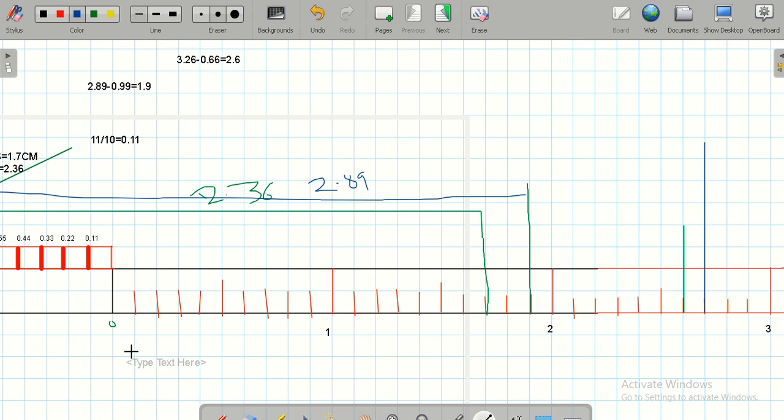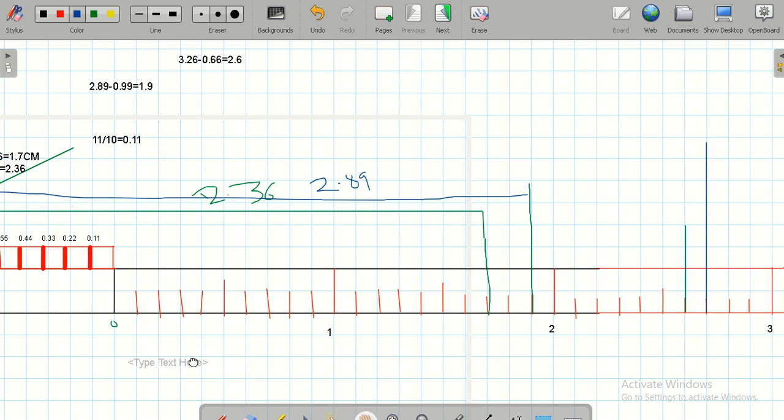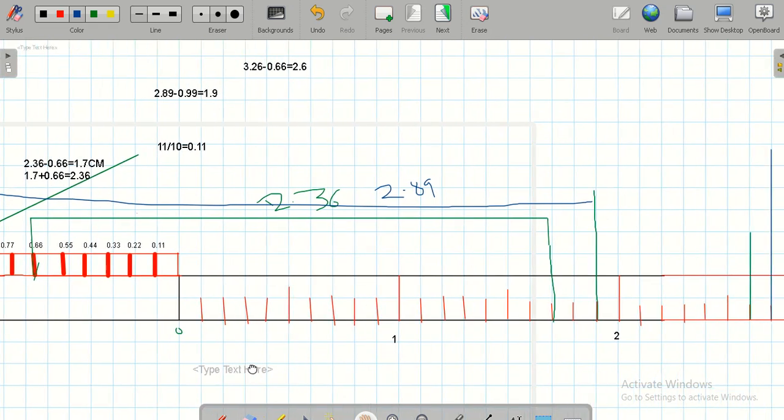The remaining portion you will be measuring on the Vernier. 2.6 we have measured till here, 2.6 plus 0.66 more you require. So you will be measuring 0.66 on the Vernier.